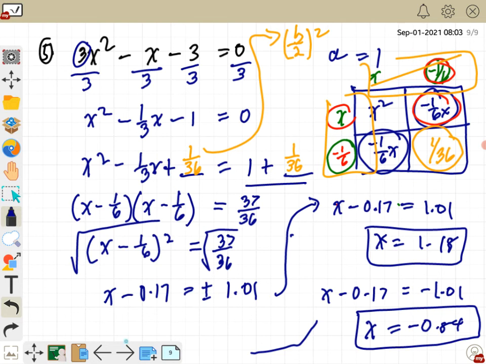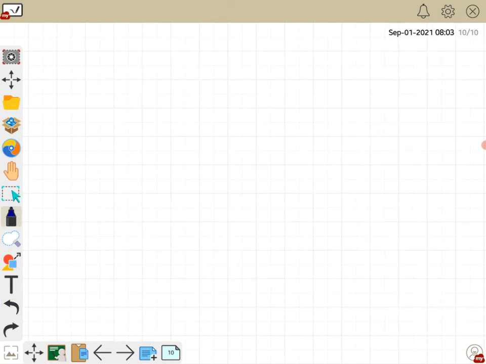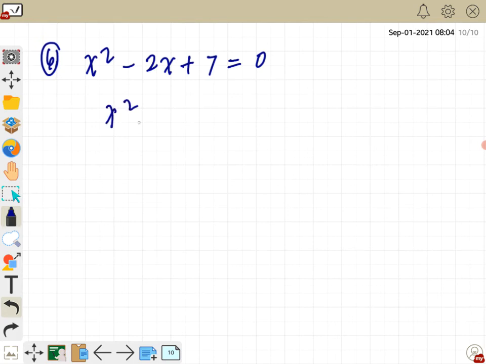There are cases wherein, let me just go through it. Let's try. If this happens, sometimes not all quadratic equations have real solutions. Let's see if this one is an example.